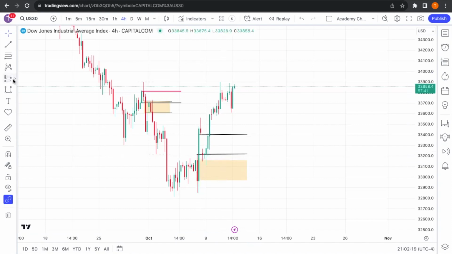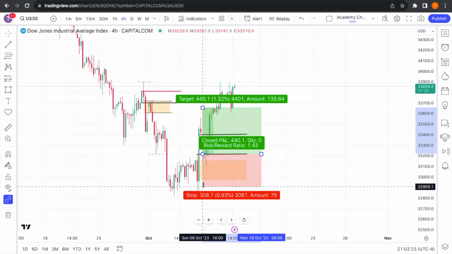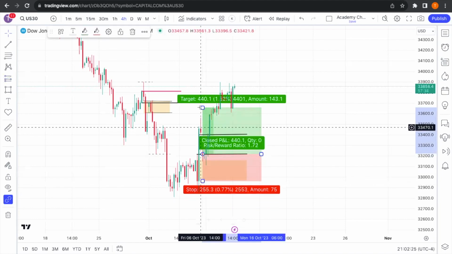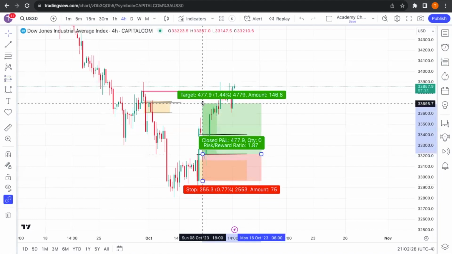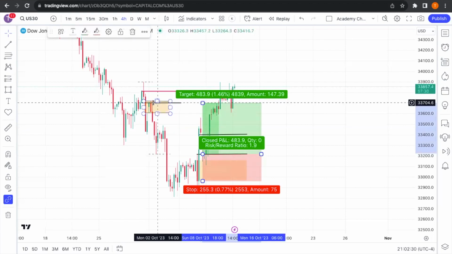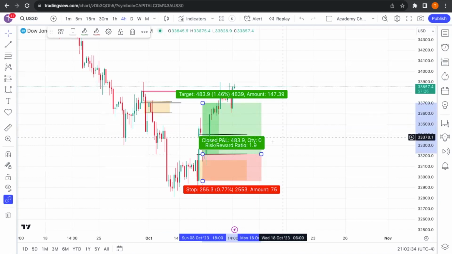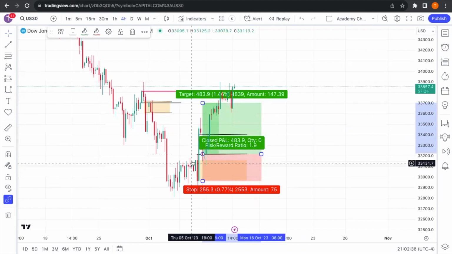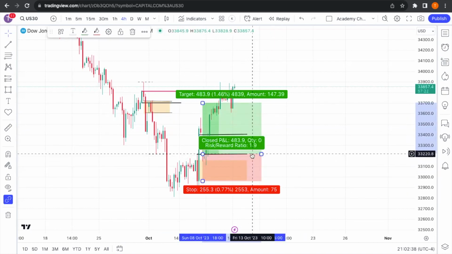And again, like I mentioned at the beginning of the video, you can enter here, but say you entered here with your stop at the low of the order block and you were searching for a profit at the previous order block that traded. That'd be a 1 to 1.9, excuse me.